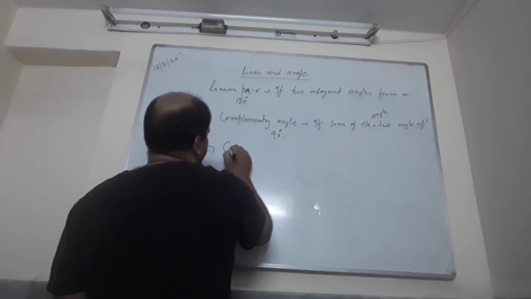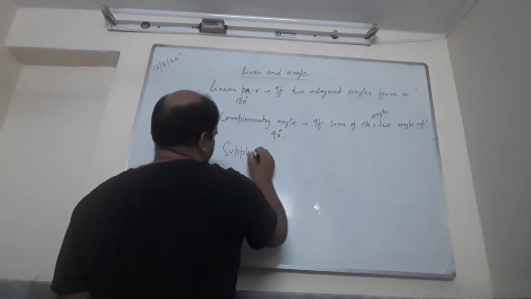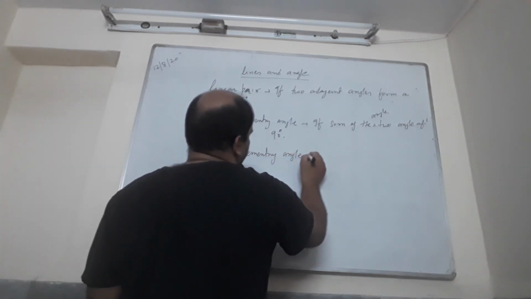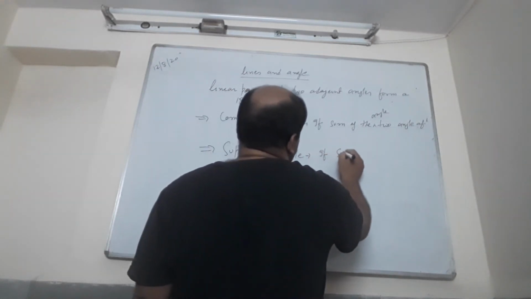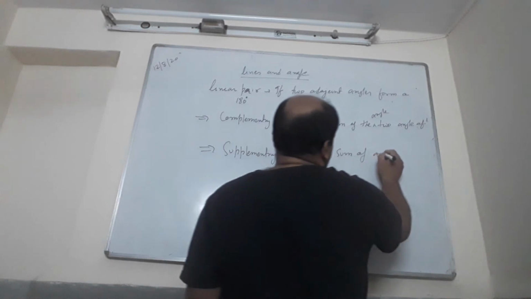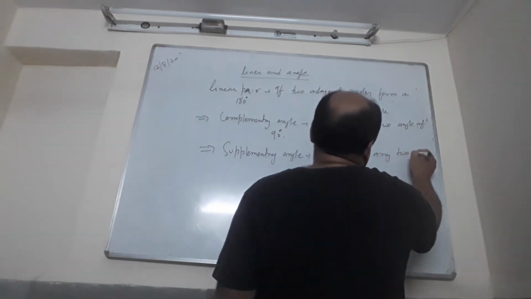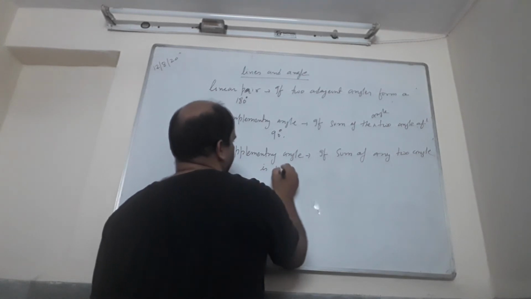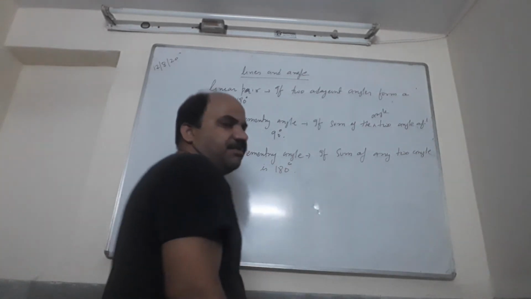And supplementary angles: if the sum of any two angles is 180 degrees, it is called supplementary angles.